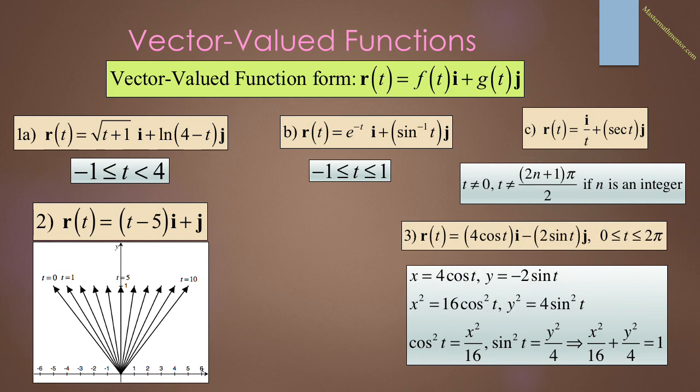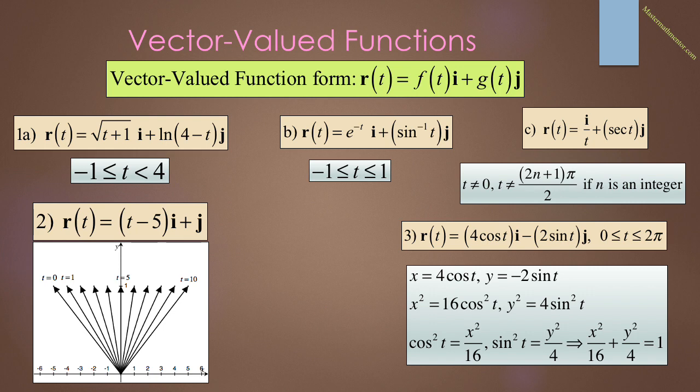Let's examine the vector-valued function r of t equals 4 cosine t i minus 2 sine t j, t running from 0 to 2 pi. To get a sense of this, we will change the vector-valued function first into a parametric and then into a rectangular equation so we can see its path. So x equals 4 cosine t and y equals negative 2 sine t.